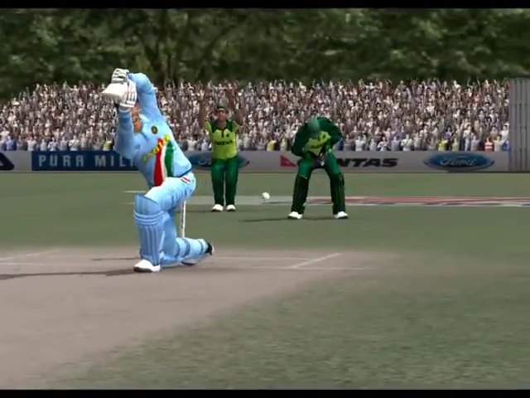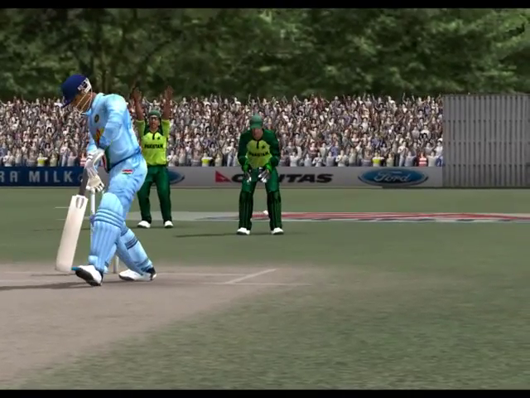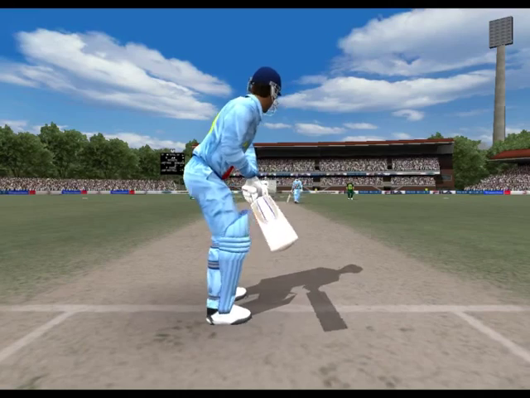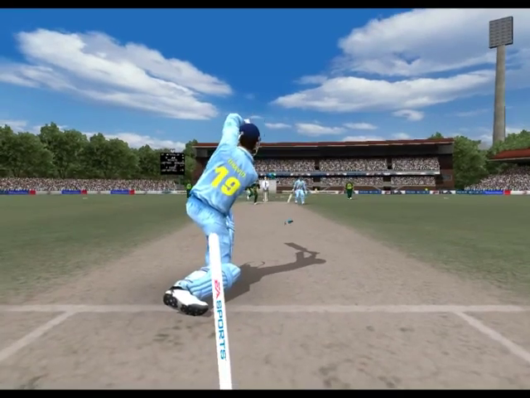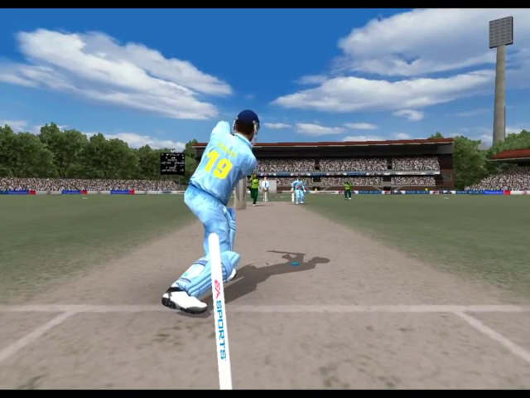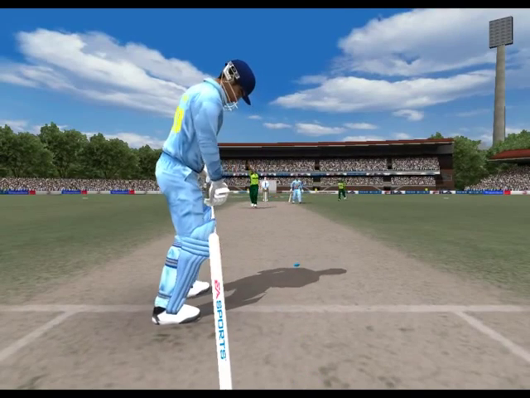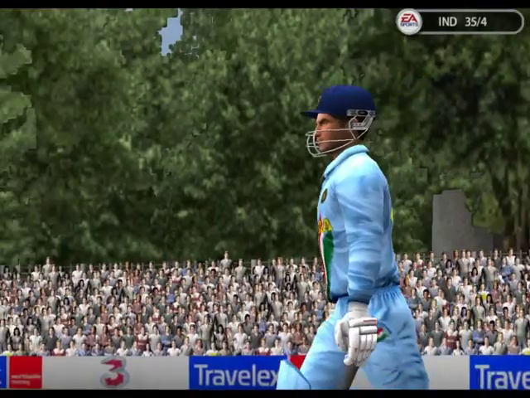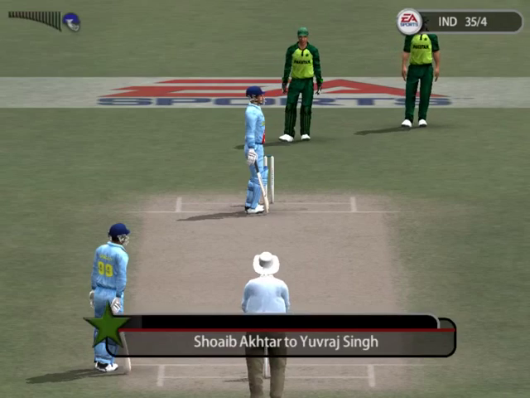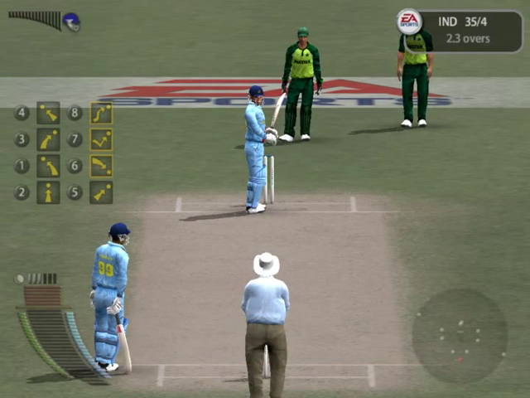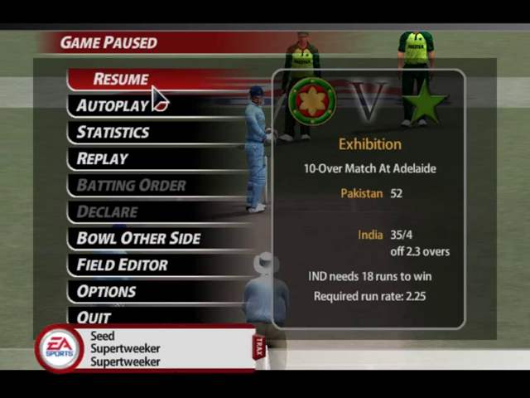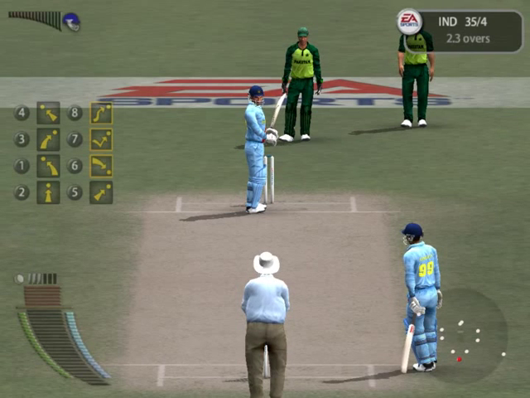This was the end of the innings for Dravid. The new batsman is the left-handed Yuvraj Singh facing. Shoaib Akhtar is going to try over the wicket.